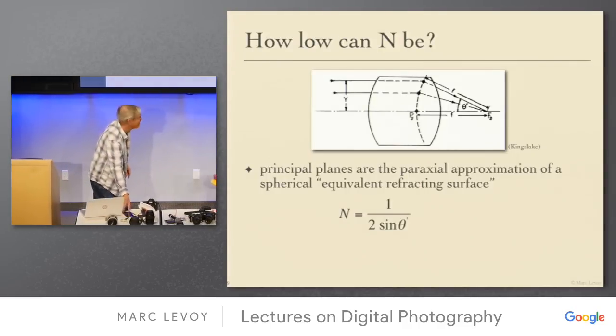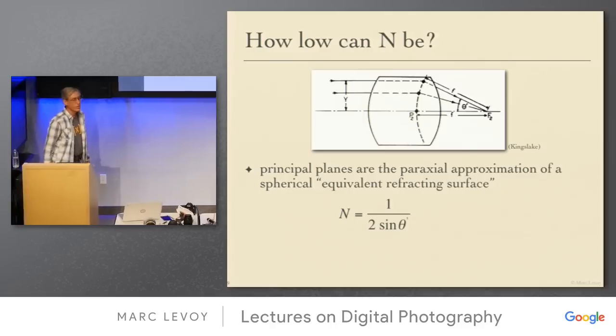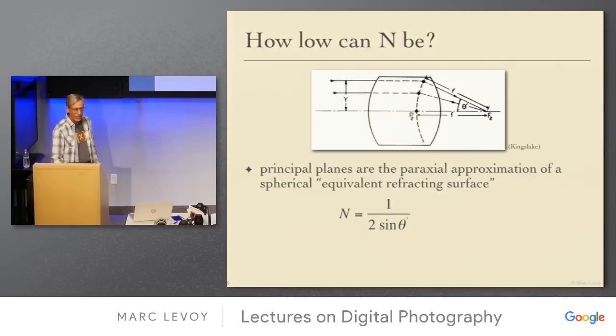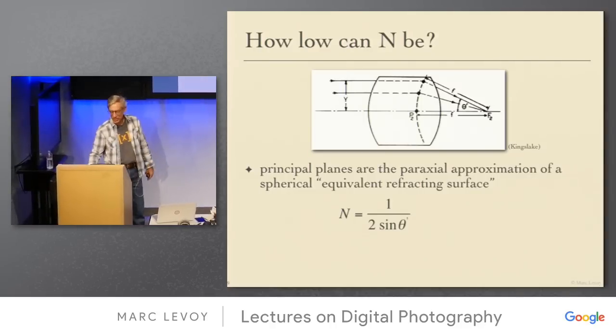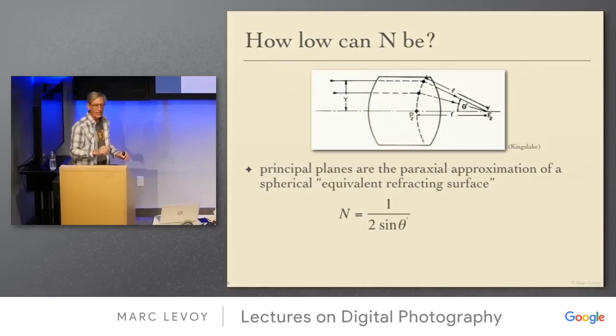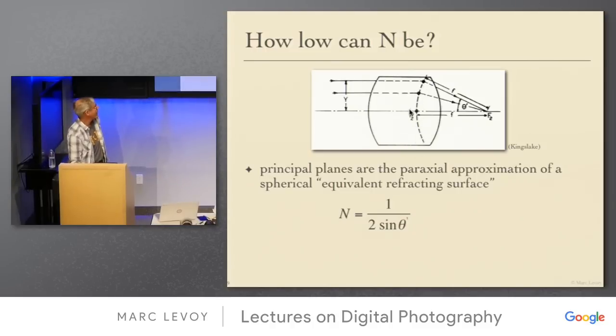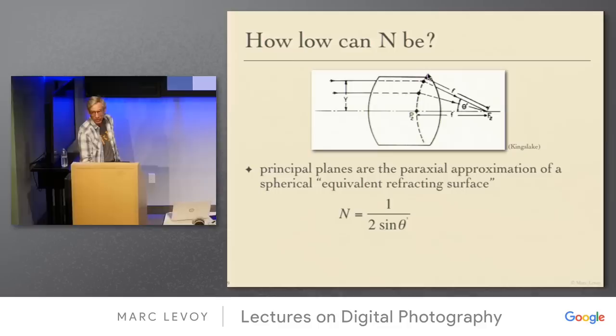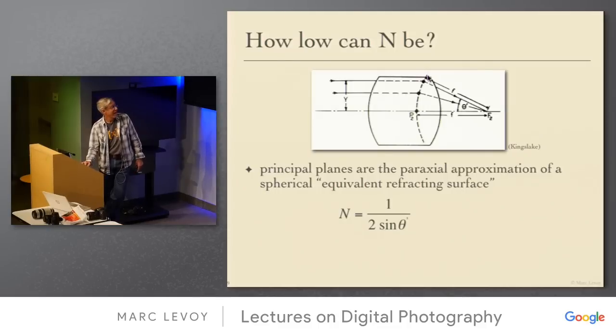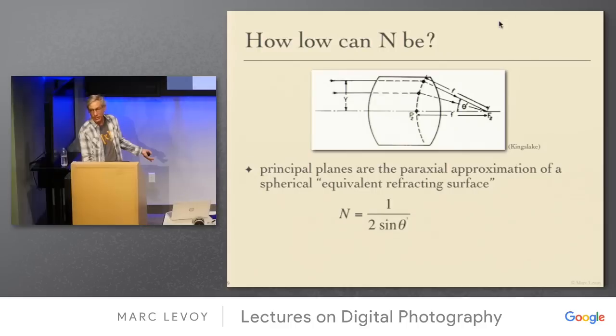Another orange slide. If you consider the thick lens and very large apertures, it's actually not exactly just that distance. You can think of the refraction as taking place in this thing called an equivalent refracting surface, which is actually a spherical surface inside the thick lens. And as that begins to curve here, it begins to become meaningless to talk about refraction.